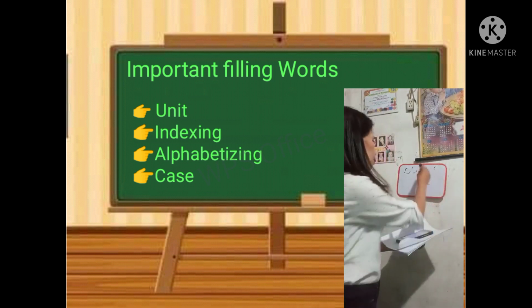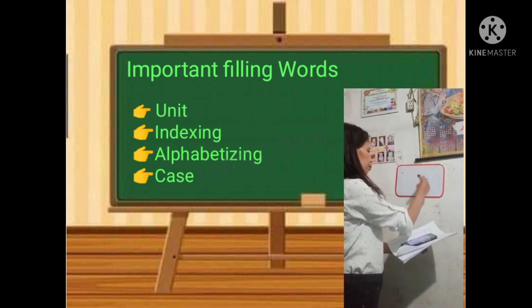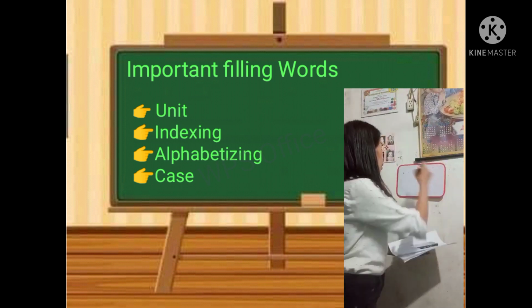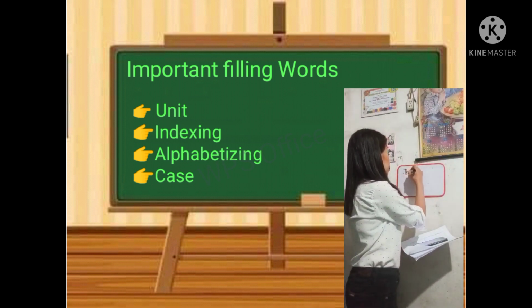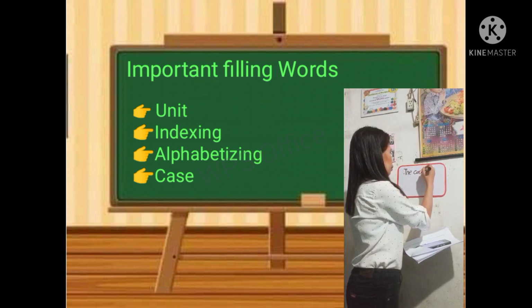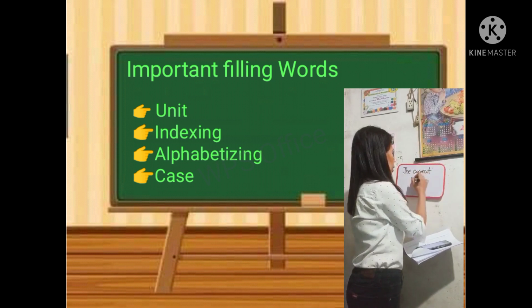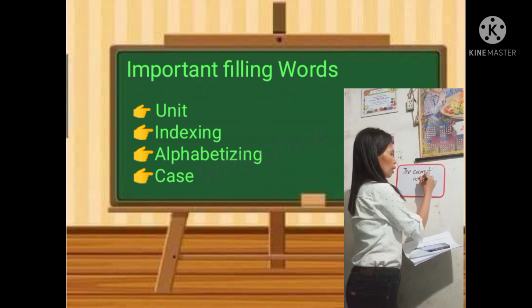So we have an example of a business name, like for example, The Coconut Company.